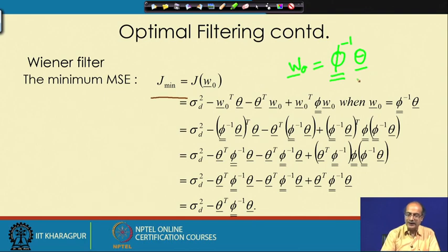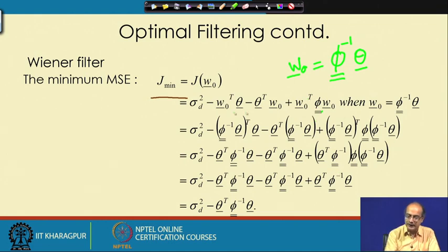First we replace W with W 0. So, it has, we know, 4 terms. The first term is the variance of the desired signal, and then we have the 2 cross terms between theta and W 0, where theta is the cross correlation between the observed signal and the desired signal, and then we have the 4th term using the autocorrelation matrix.